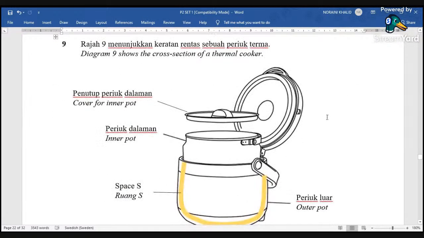For paper 2, when you read through the question, make sure you are able to relate to the concept, law, principles, or any rules. Okay.